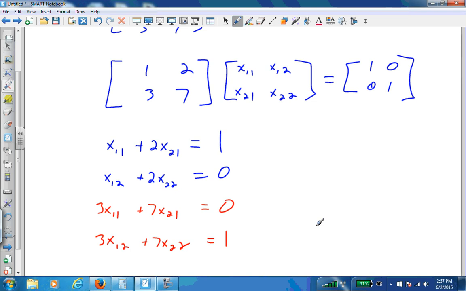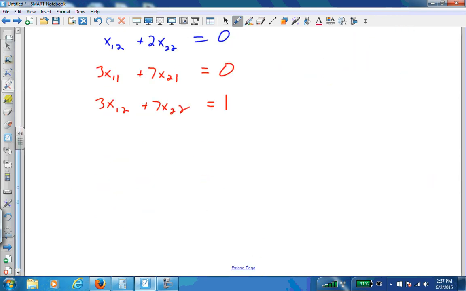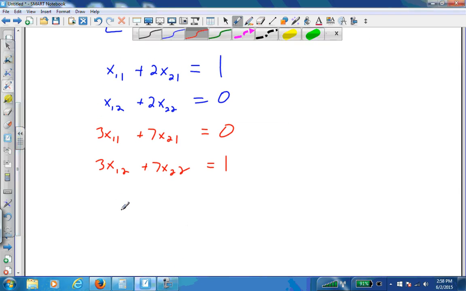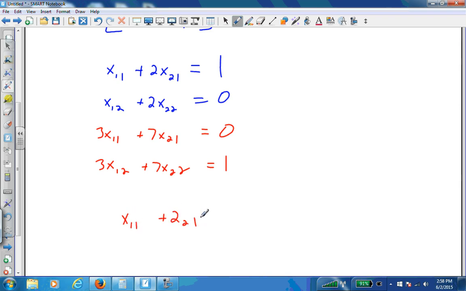So notice that basically gives us 4 equations, 4 unknowns. If we group these together, notice these two have the same variables in them, with the same unknowns. And then these two have the same unknowns.